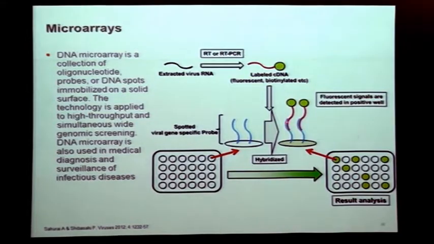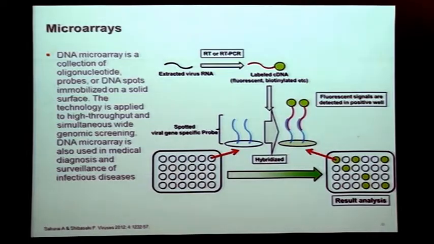If the amplified genome corresponds to the probe, then it will bind. And you have a laser that will detect that you have a signal, meaning that the probe found the corresponding genome of the virus. So it seems simple in principle.